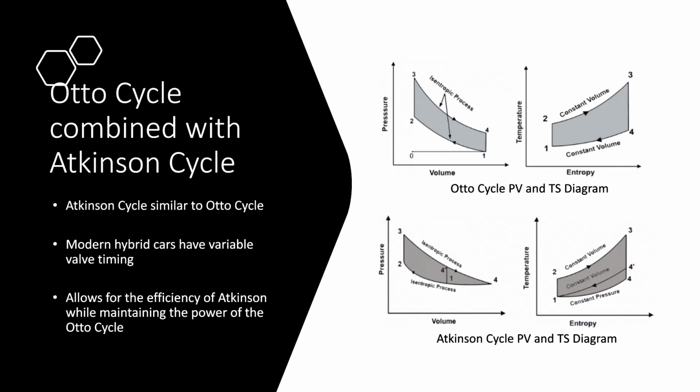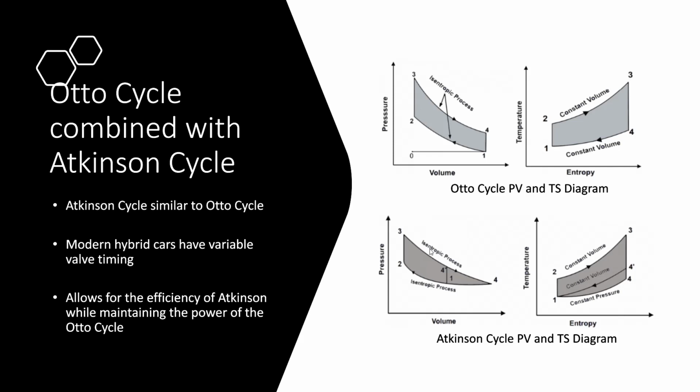full force of the piston being pulled down is utilized instead of being ejected as waste when the exhaust is opened. These graphs are slightly inaccurate. The Otto cycle creates an overall larger amount of work compared to the Atkinson cycle. So the 4 prime, this box, represents an actually larger area than the box of the 4, which is the Atkinson cycle.